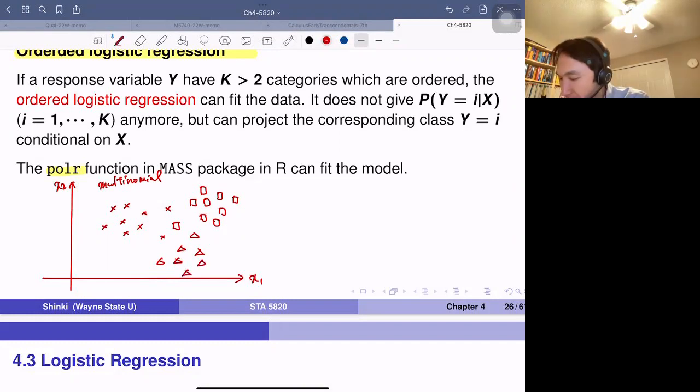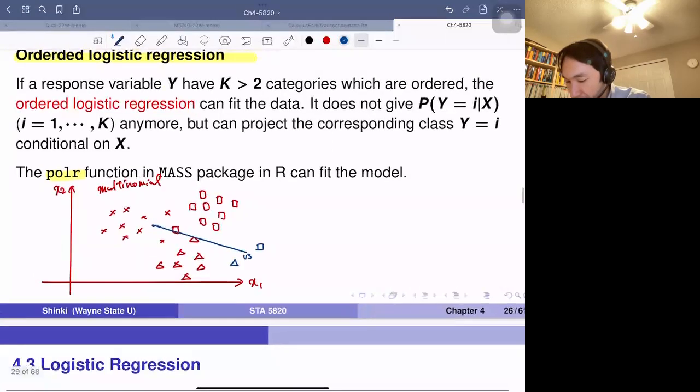For example, we distinguish the triangle and the squares by maybe this line, and also the triangle and the crosses by this line.